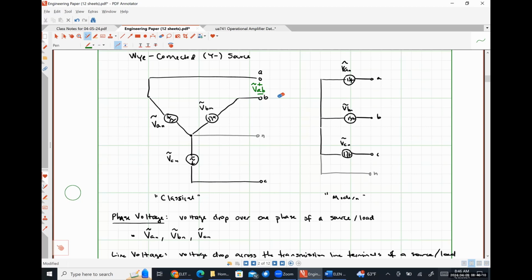Okay? So measured between the B terminal and the C terminal, skipping over the neutral terminal effectively, we're going to have a line voltage VBC. And similarly, we can measure a line voltage from the C terminal back up to the A terminal that we're going to call VCA.